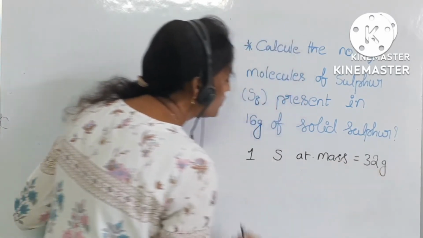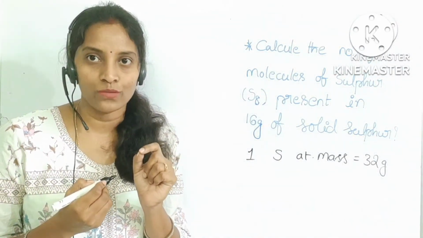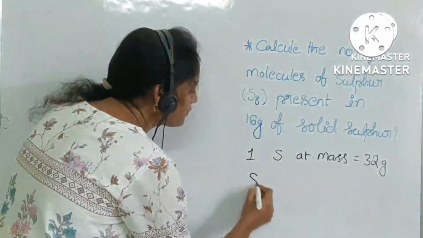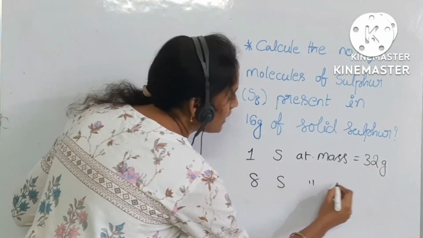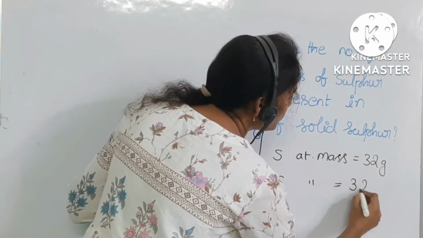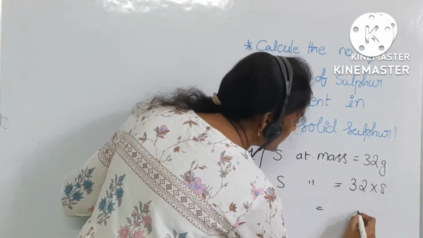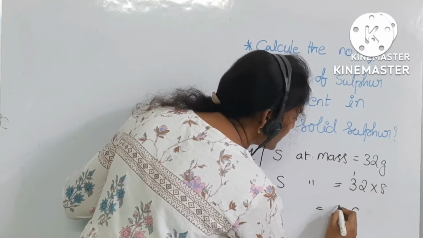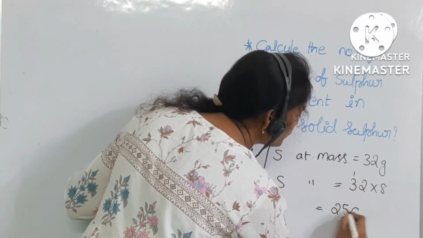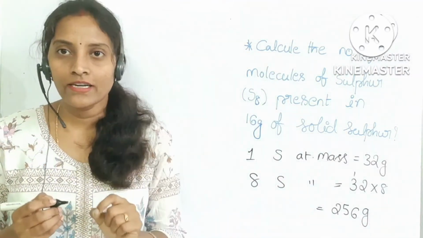You already know. This solid sulfur is in the S8 form, so the mass of 8 sulfur atoms is 32 into 8. You will get 8 twos are 16, 8 threes are 24 plus 1, 25. So 256 grams is the molecular mass of the S8 molecule.